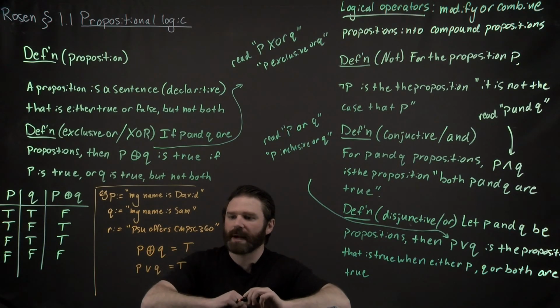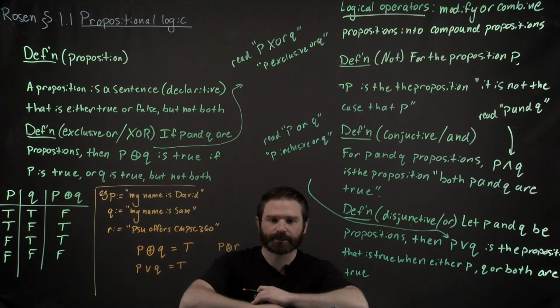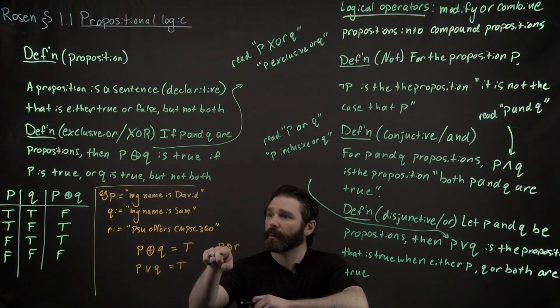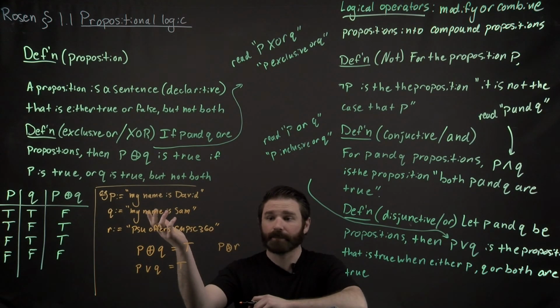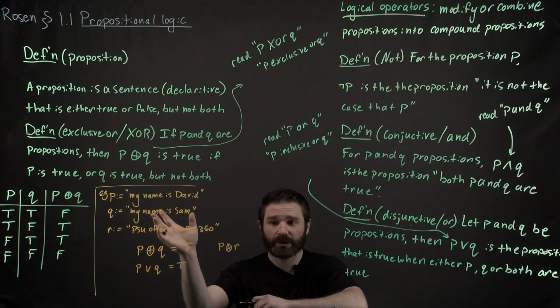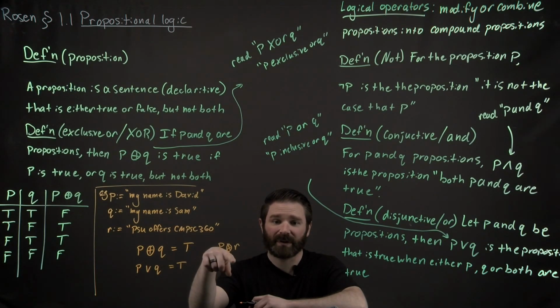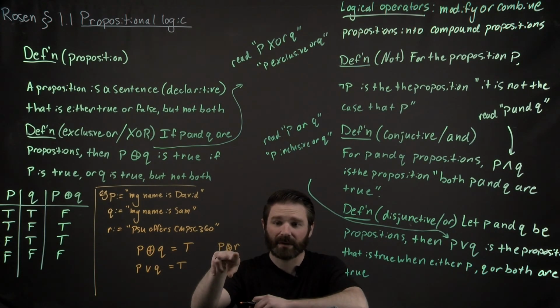But let's go ahead and contrast that to the following. Let's look at P XOR R. So P XOR R, remember P, that's my name is David. That's true. R, PSU offers Computer Science 360. That is also true. Well, the exclusive OR, XOR, says that this statement right here is going to be false because both of these right here are true.